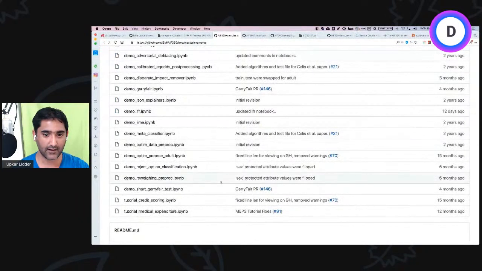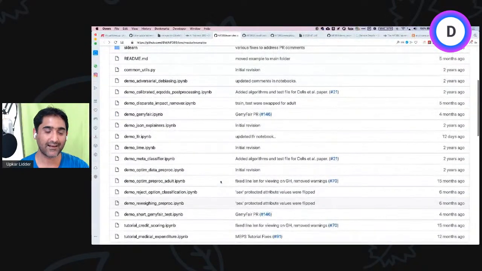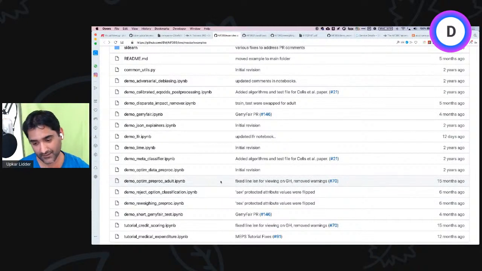All right, so this is one of the notebooks, and then of course there are the other ones as well. In terms of what's exciting to me, there's the research bit of it, which is the metrics themselves, or the research that's going on in post-processing or in-processing.